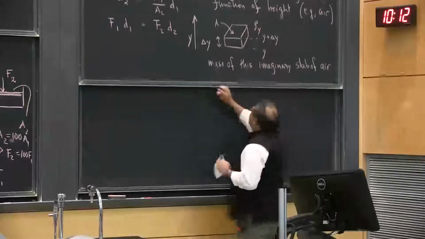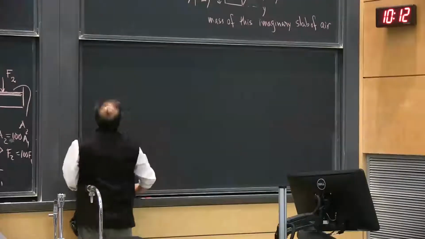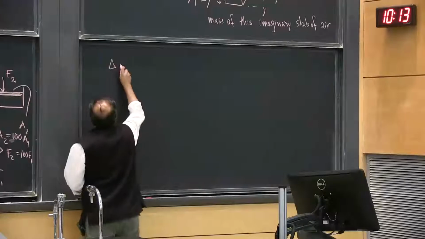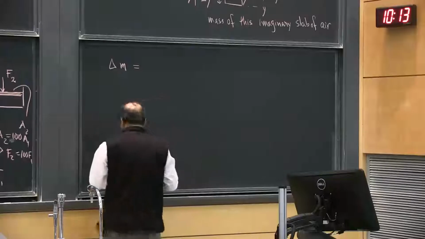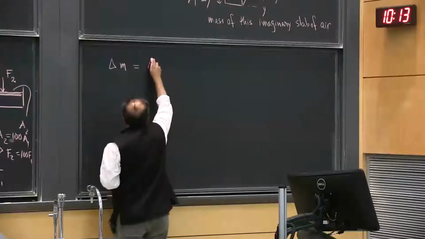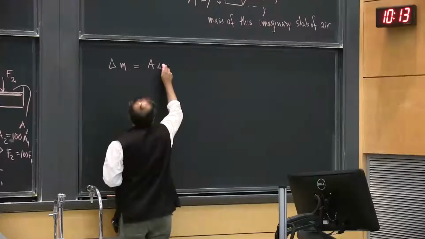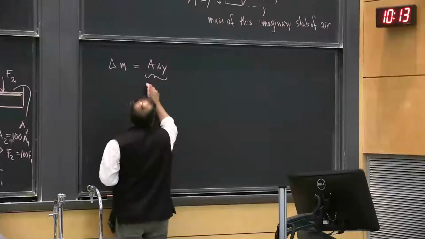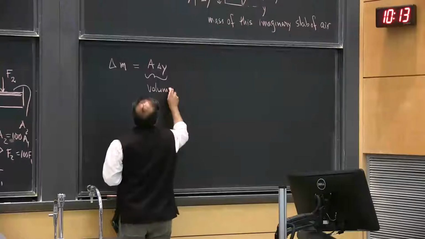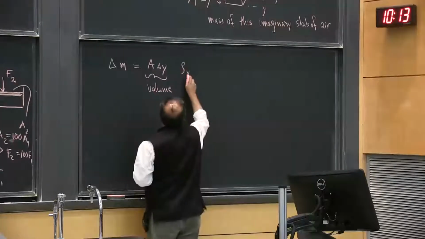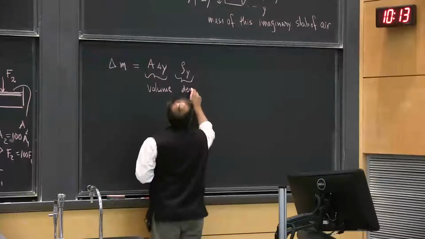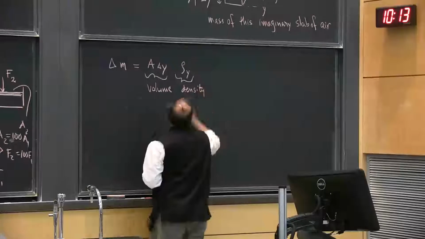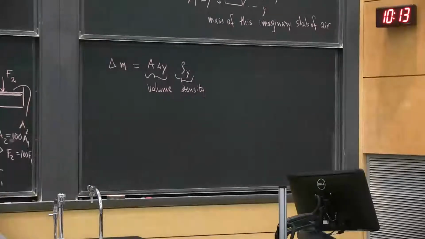I can think of it as a small mass, delta m, and delta m is volume times density. So the volume would be the cross-sectional area A times the thickness delta y, times density, which is rho y. Mass is volume times density, so that's exactly what I'm doing.